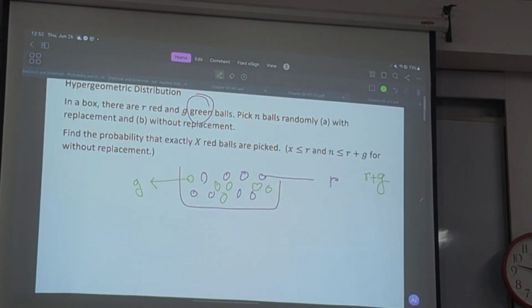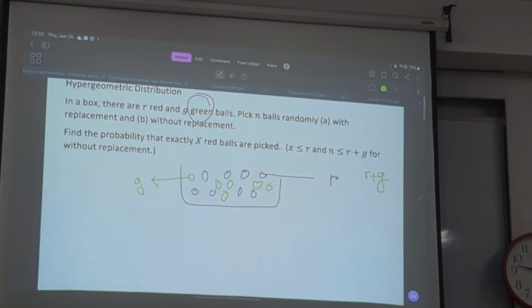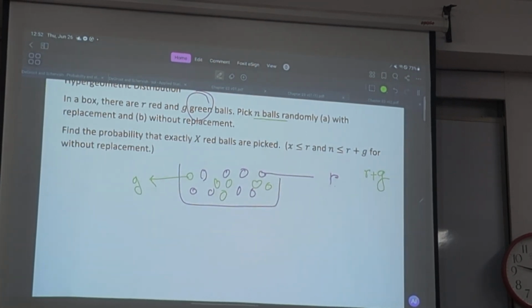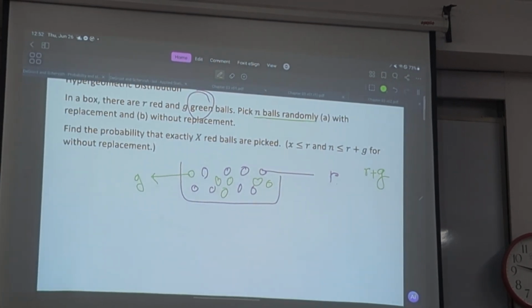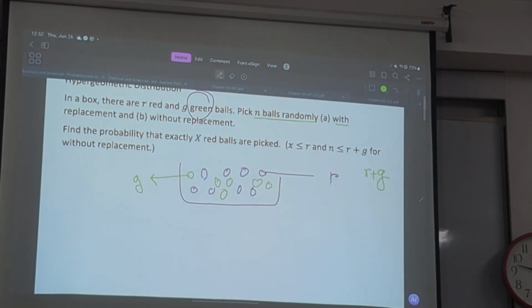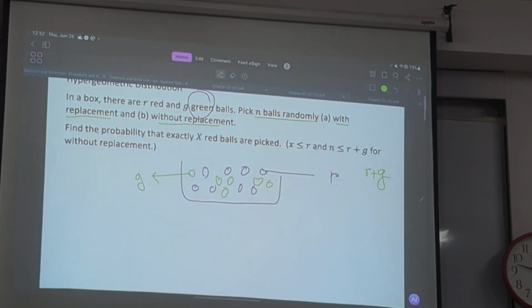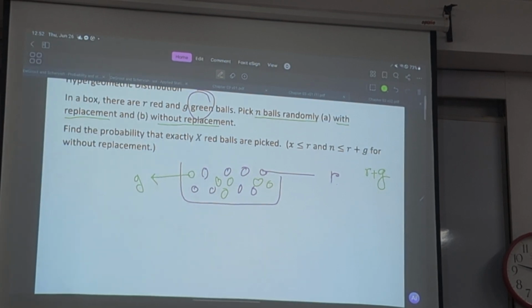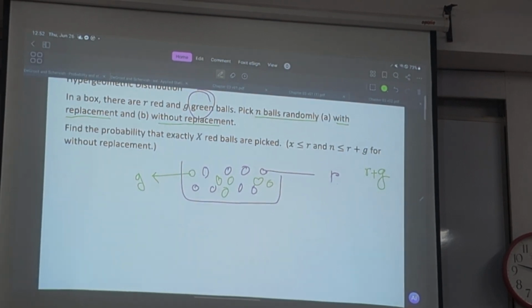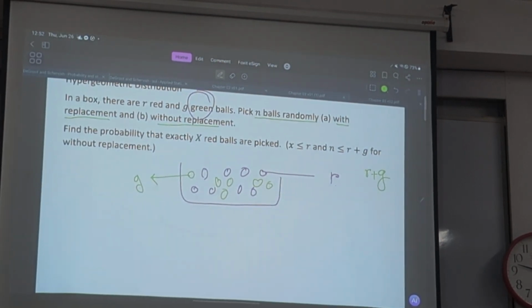Now the question is, pick n balls randomly, with replacement and without replacement.